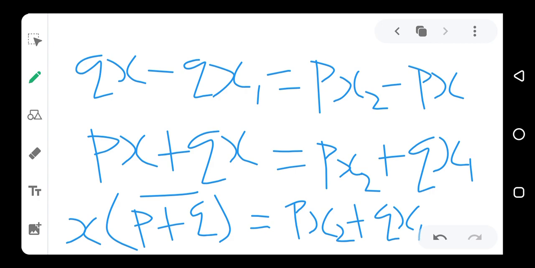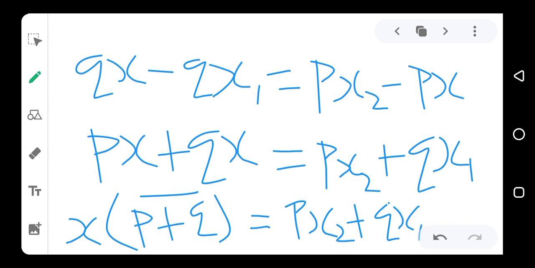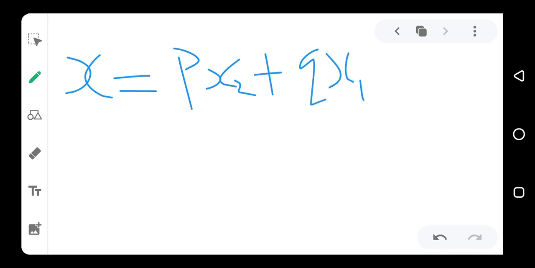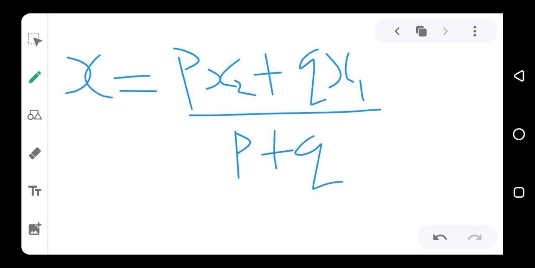Now that means that x is equal to everything that is here divided by p plus q, which is equal to px2 plus qx1 over p plus q. So this is the value for x for the coordinates of A.